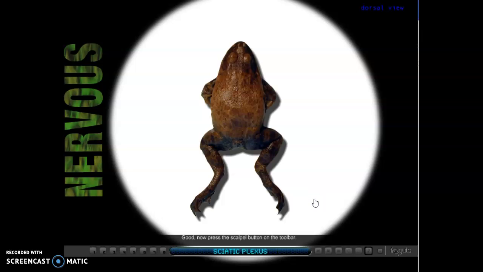Good. Now press the scalpel button on the toolbar. Slice the tissue along the dotted red lines, and place the skin to the right.